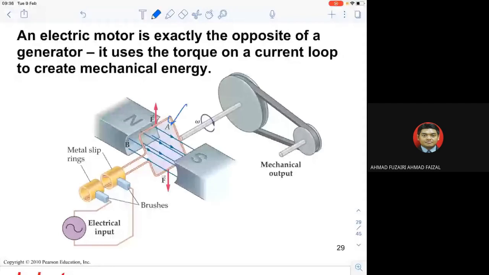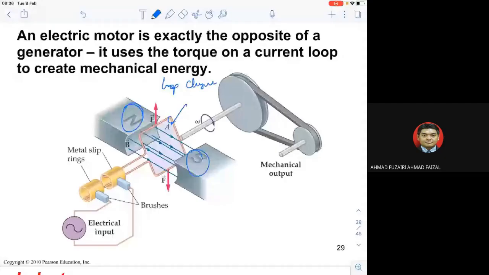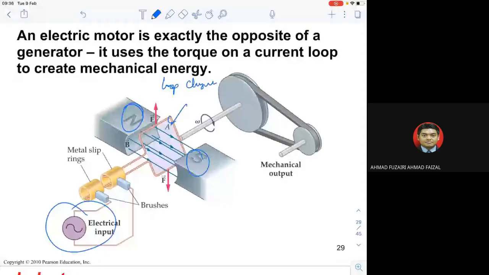You can see here, this is north and south, and in between there is a magnetic field. When the loop is changing, it can induce a current inside the loop, so you can have an electrical output. That's how you can turn mechanical energy into electrical energy, or vice versa, from electrical energy to get mechanical output.